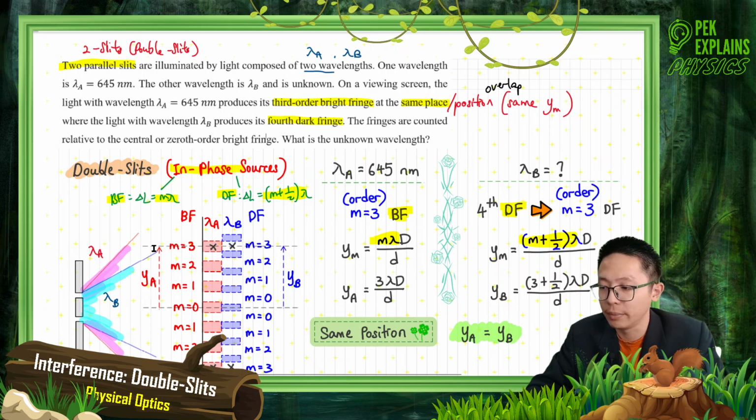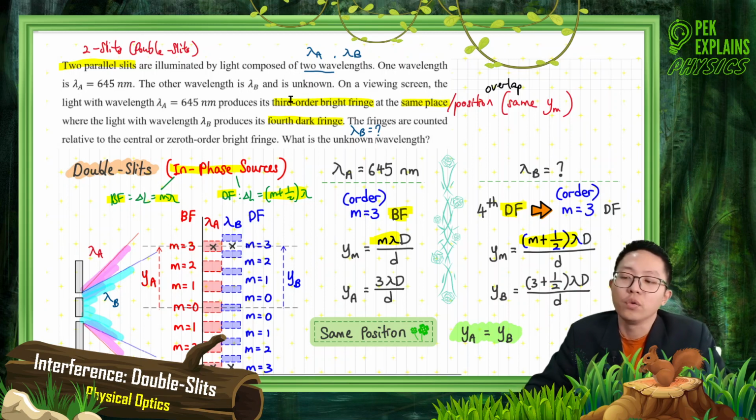It says here, counted from the central bright fringe, which means y is measured from the zero order bright fringe, of both patterns. What is the unknown wavelength? So the question asks for lambda B. He wants us to calculate lambda B.